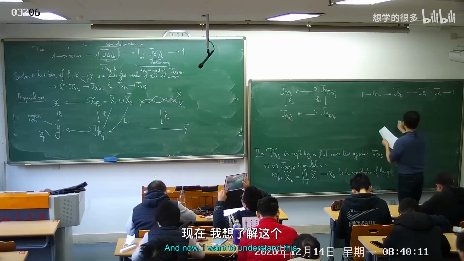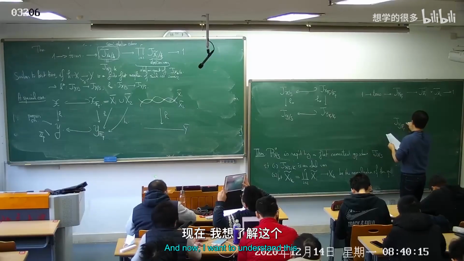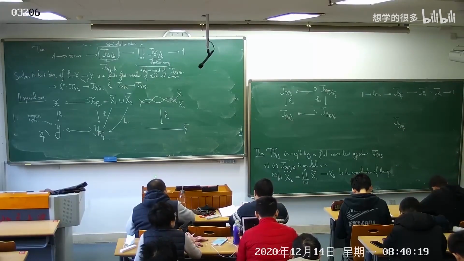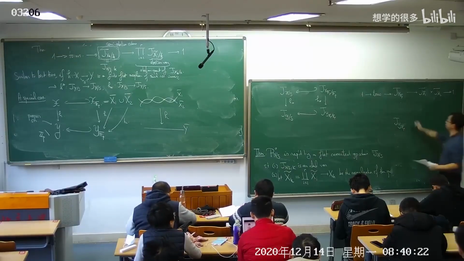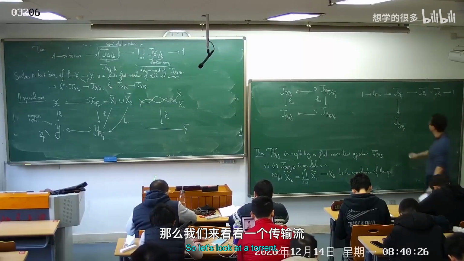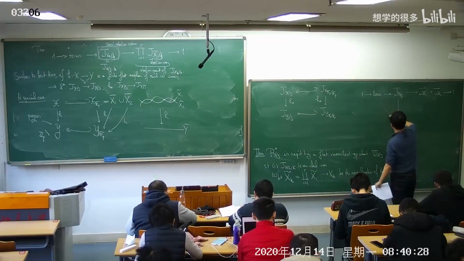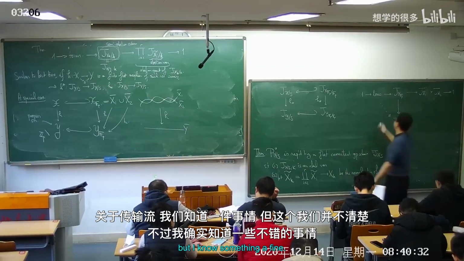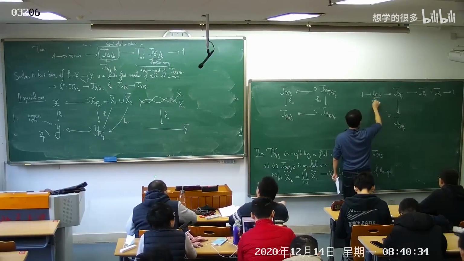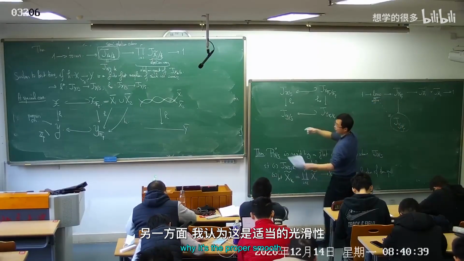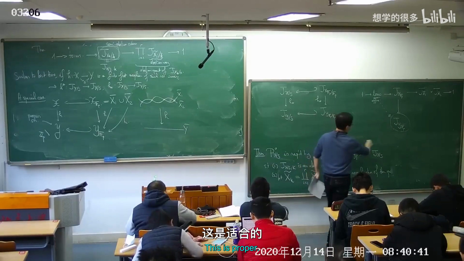And now I want to understand how this map goes. So let's look at how the torus will go. One thing we know about the torus, we don't have to know what it is, is that it is affine. On the other hand, because I assume this Y is proper smooth, this side is proper.